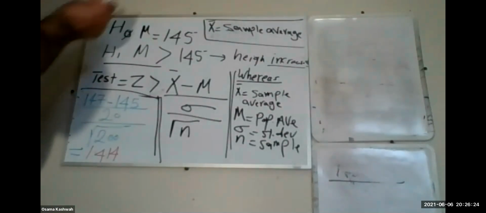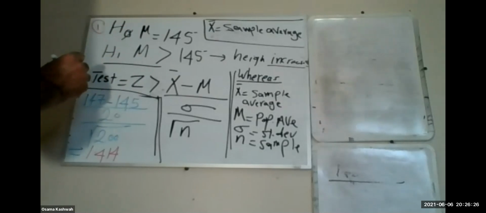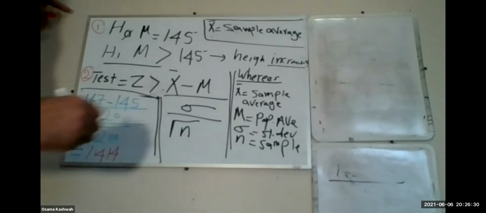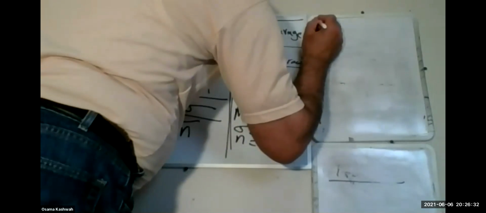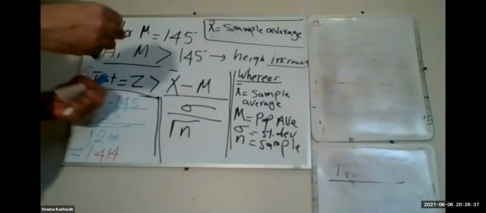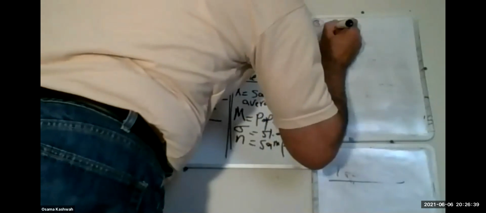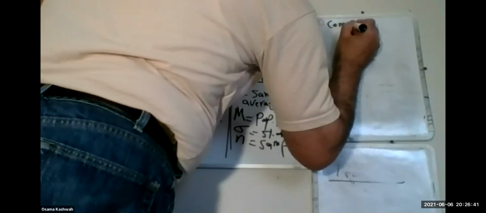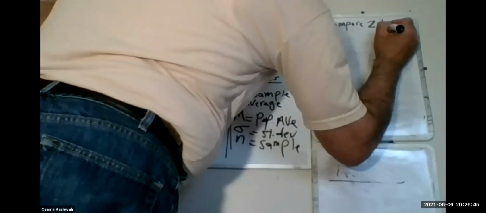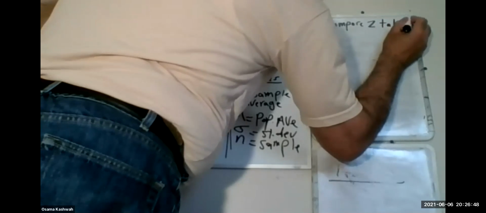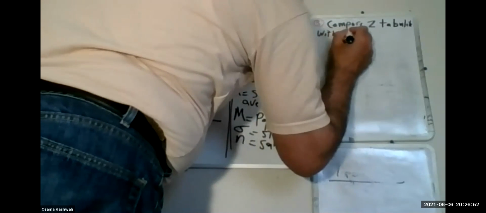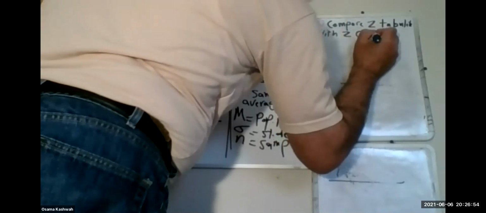This is step 1, step 2. Step 3: we will compare Z tabulated with Z calculated.